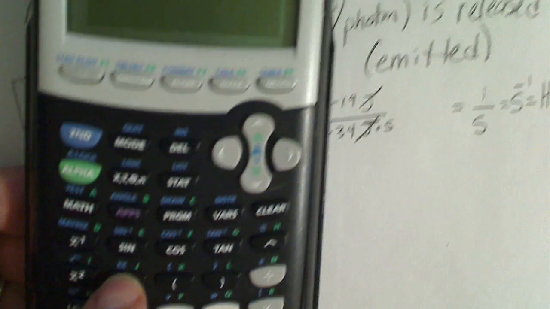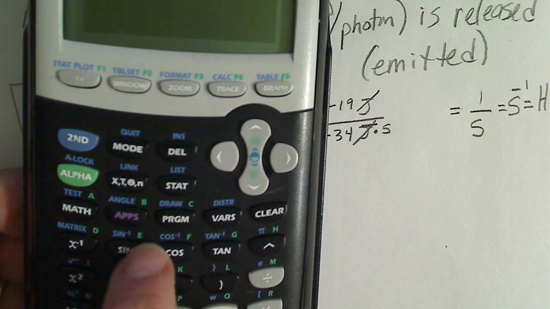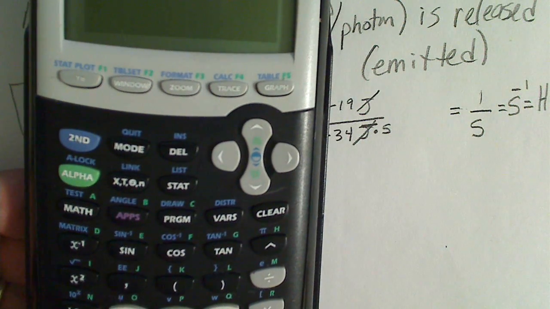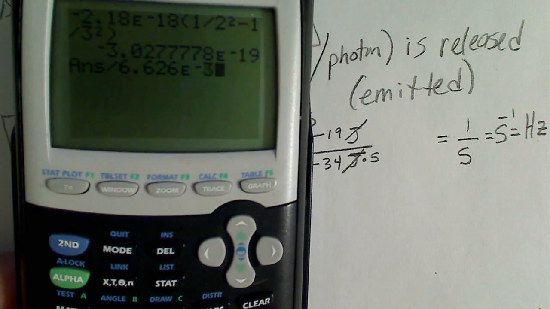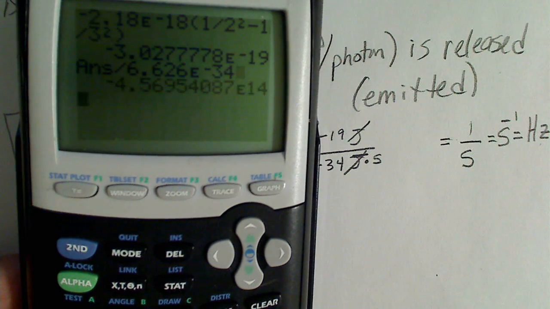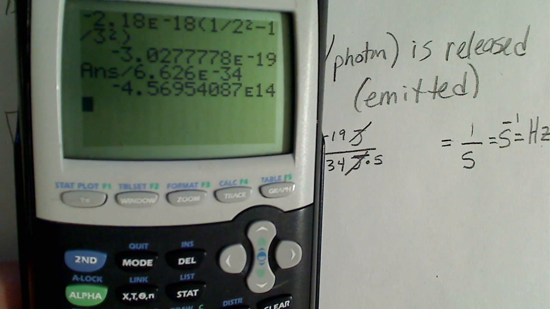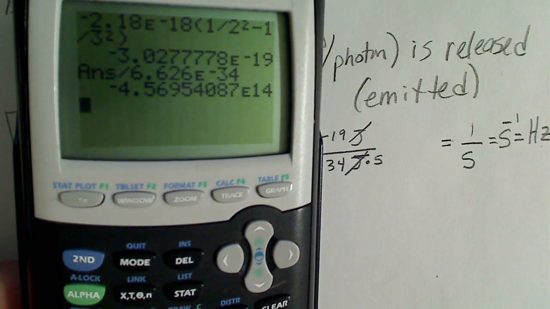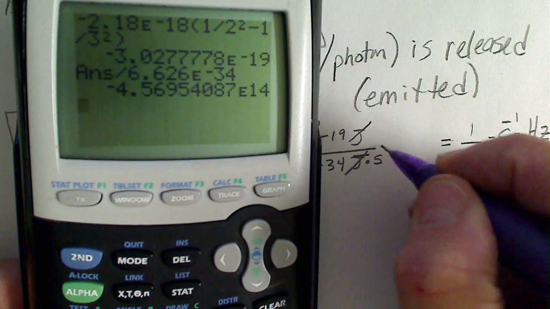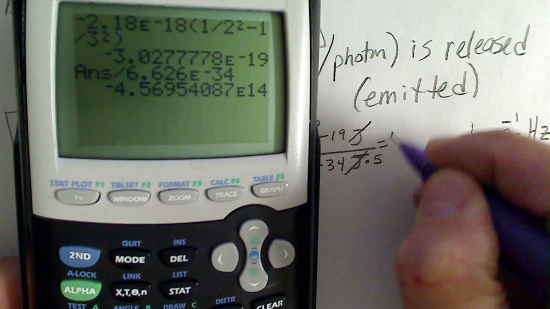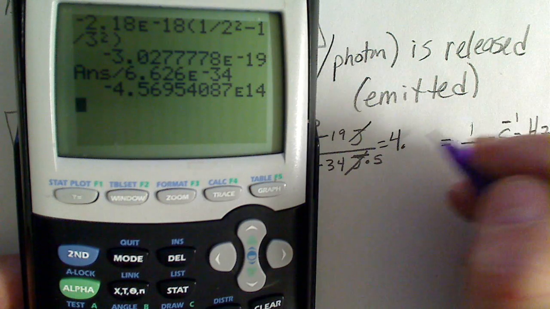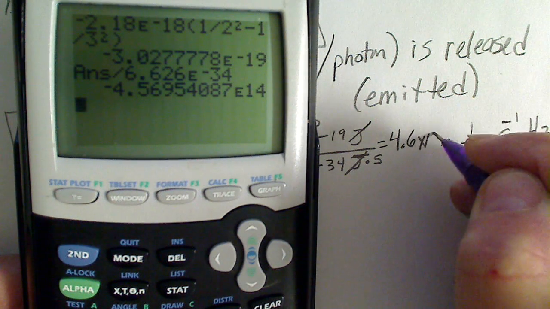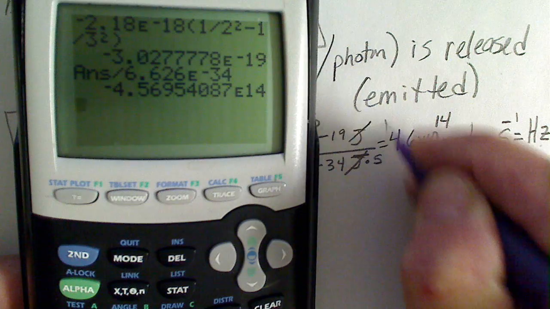And there's two E's here, but that's because the alphabet is also on this calculator. So the two E's is just going to show up here as one E, negative 34, and enter that. And now we're going to ignore the negative sign because frequencies aren't negative. And we'll write this as 4.6 times 10 to the 14th.